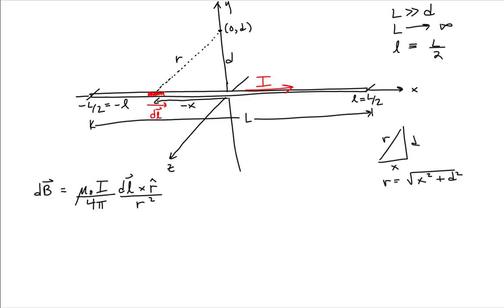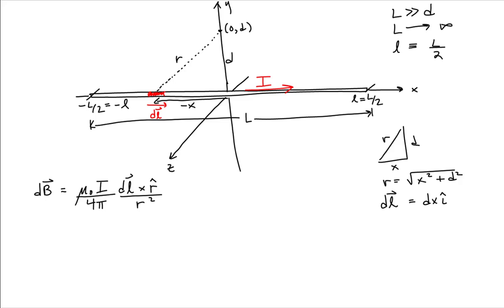And notice that dl is in the positive x direction. So let's go ahead and represent dl in terms of x as well. So dl is equivalent to dx i hat.